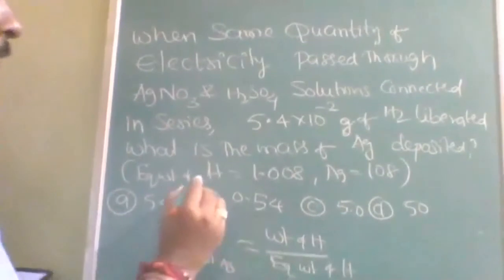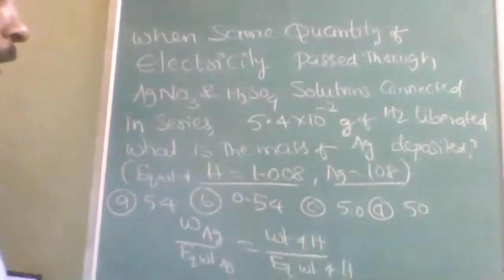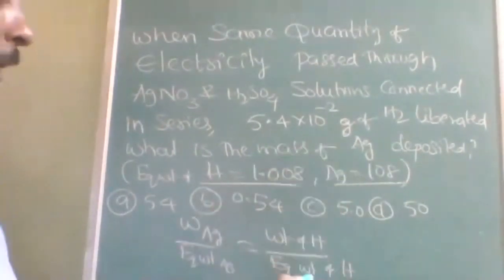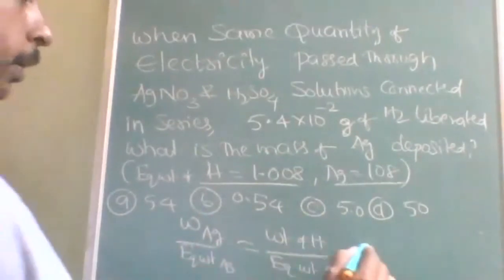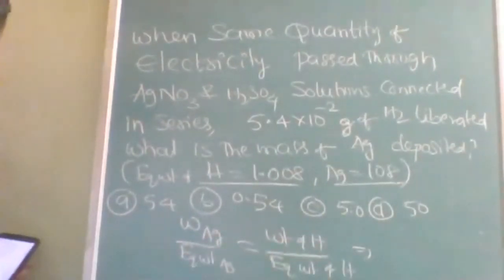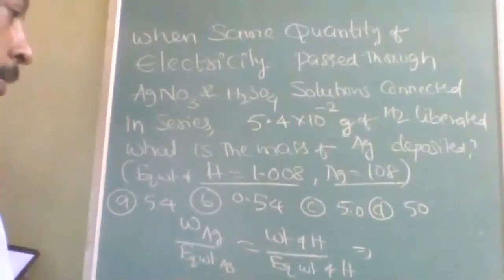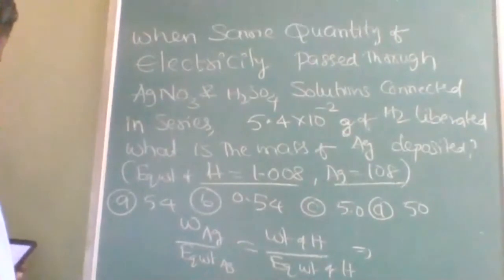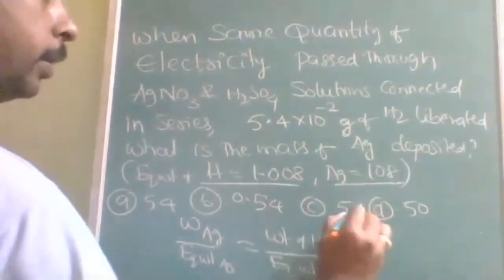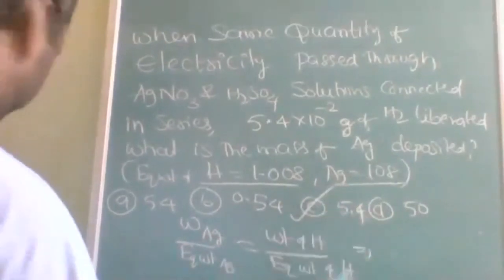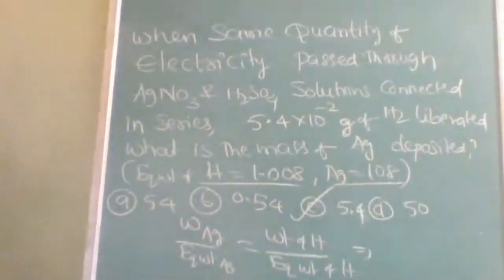The equivalent weights of hydrogen and silver are given, and the weight of hydrogen liberated is also given. On simplifying, you will get the answer as 5.4 grams. Actually, this was a mistake earlier, so 5.4 grams is the correct answer.